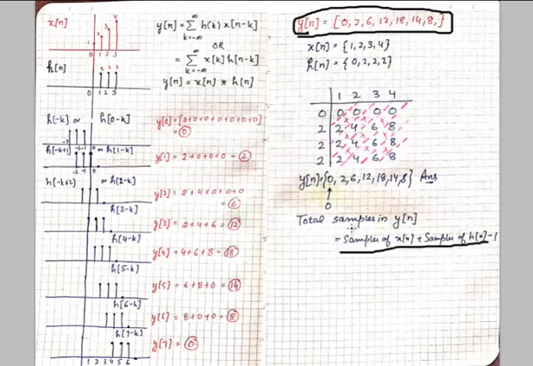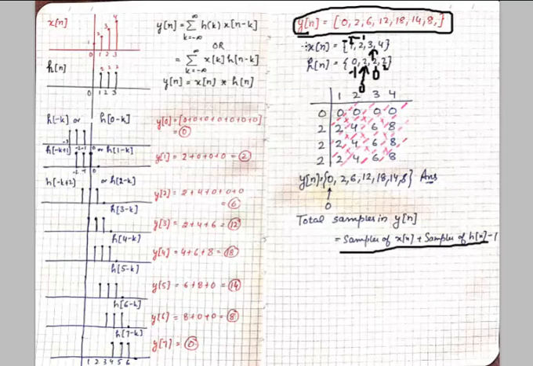Now there's one question for you that I wish you to ponder about. If the values of x of n are starting from here, so if this sample is the 0th sample, this is minus 1, this is minus 2, and if the values of h of n are starting from here, this is the 0th sample, this is minus 1, these are 1 and 2, then how would you label the samples here?